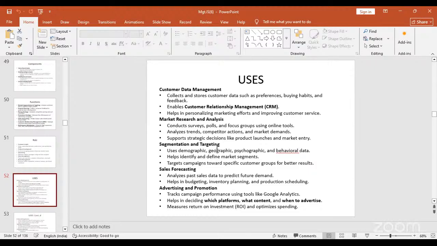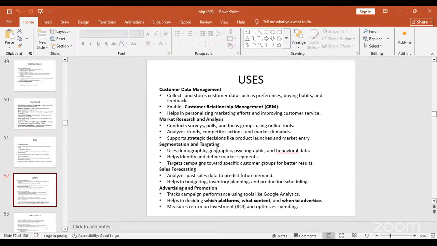Then it looks at advertising and promotions also. It tracks campaign performance using tools like Google Analytics. It helps in deciding which platforms, what content, and when to advertise the products.